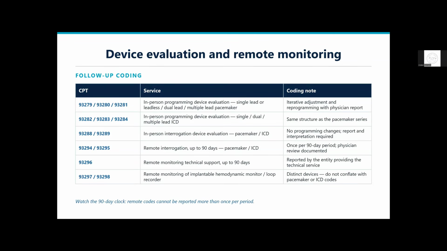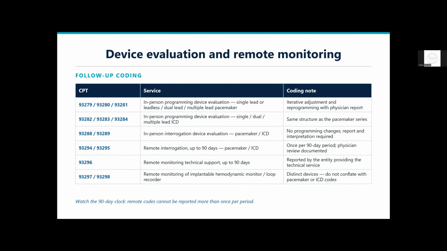Interrogation codes 93288 and 93289 apply when no programming changes are made. Remote interrogation 93294 through 93295 is reported once per 90-day period with documented physician review.